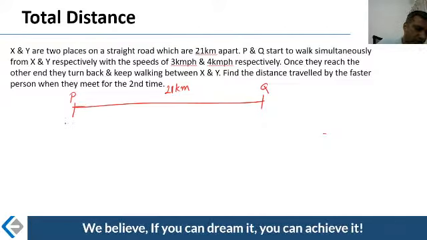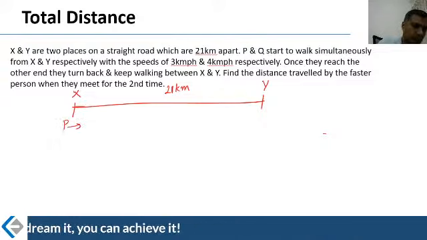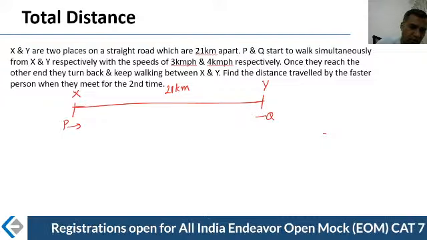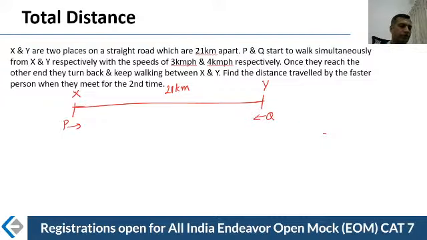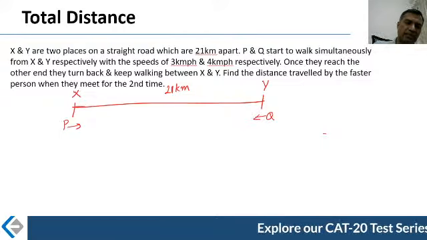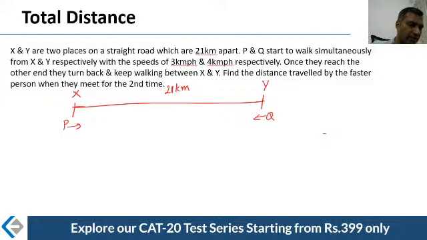So P starts from point X. Let me write X and Y above. Q starts here, with the speeds of 3 kilometers and 4 kilometers per hour. Once they reach the other end, they turn back and keep walking between X and Y. Find the distance traveled by the faster person when they meet for the second time.